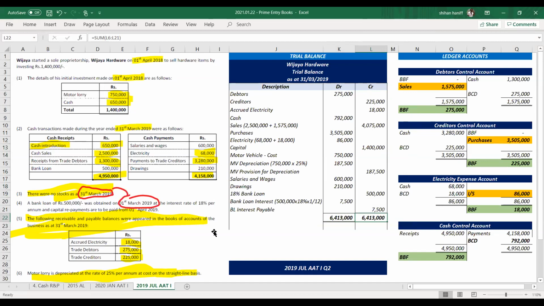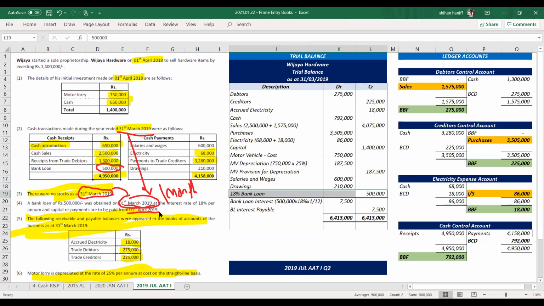There's a question: bank loan, can you explain it again? Yes. Bank loan is 500,000. 18% bank loan was taken. This was taken on 1st of March. Year end is 31st March. So 1 month we need to pay interest. The loan repayment starts next year, 1st of April 2019.